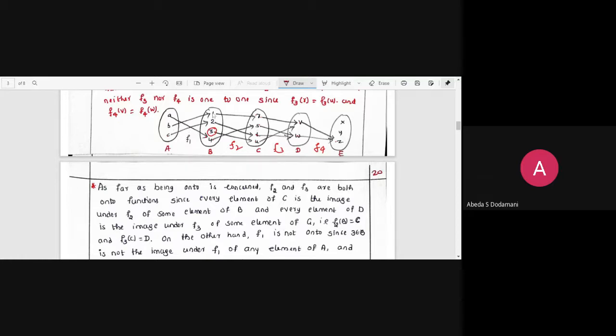Is it an onto function, guys? No, ma'am, this is not onto. What about f2 here? It is onto, because each element in C is mapped to by one element or the other. Therefore, f2 is onto. What about f3, guys?